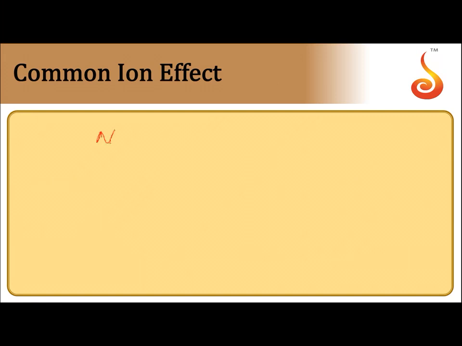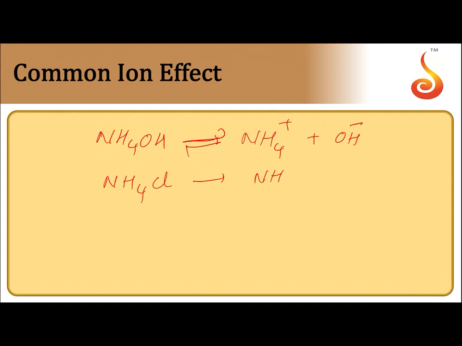If we take one more example, ammonium hydroxide, a weak electrolyte, it forms ammonium ions plus OH minus ions. Add a common ion containing substance like ammonium chloride, giving rise to ammonium ions plus Cl minus ions.